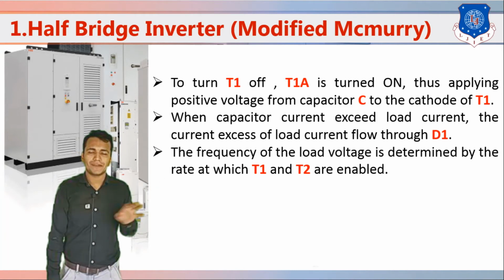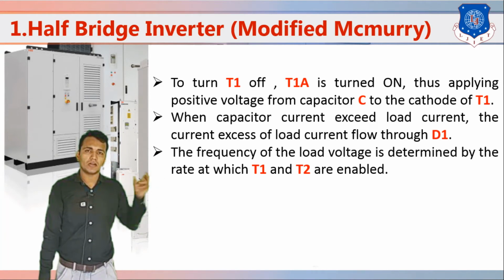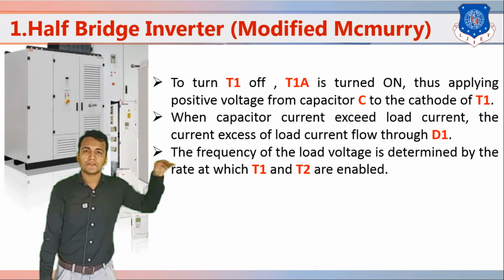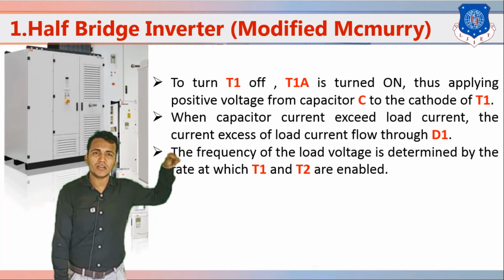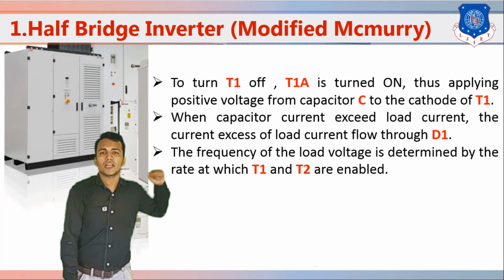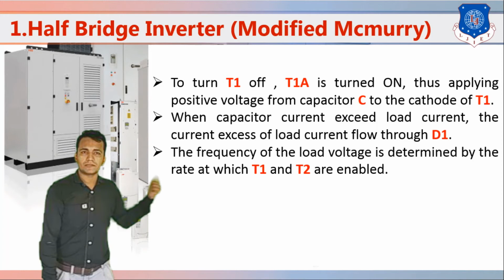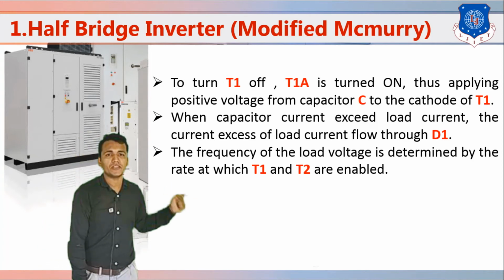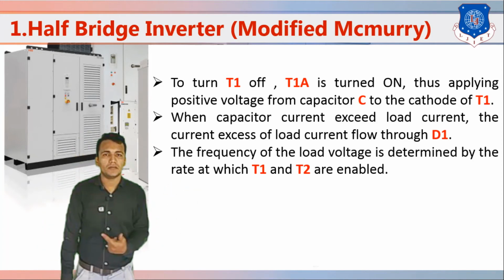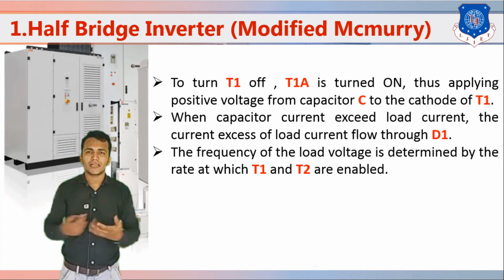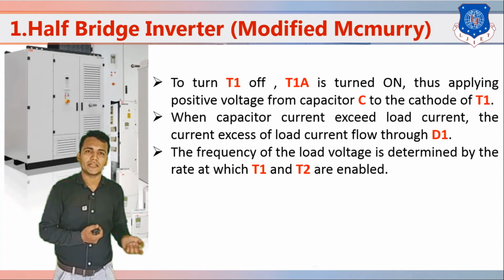Whenever the thyristor is off, the inductor charges some energy that will be released through this diode D1, and another thyristor T1A will be on. The frequency of the load voltage is determined by the rate at which T1 and T2 are enabled.